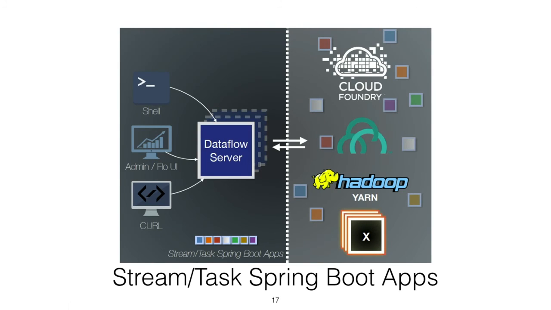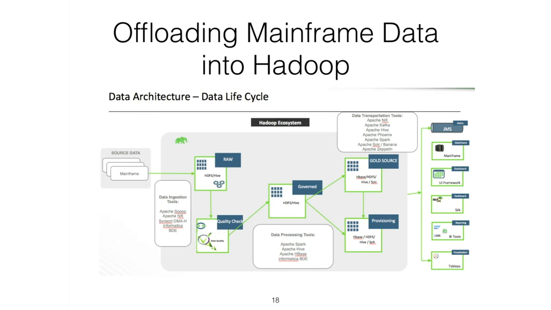This is a slide where, once you start writing data microservices in Spring Cloud Data Flow, they can run on any deployment environment. For instance, they can run in Cloud Foundry, on Hadoop, or whichever. The last part, because I have only 1 minute left, is you can also offload data to Hadoop.